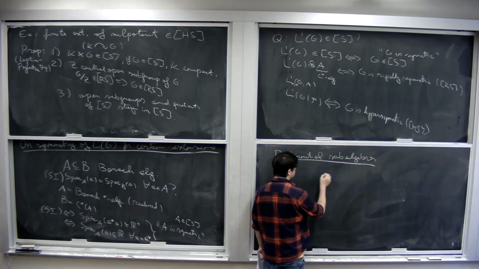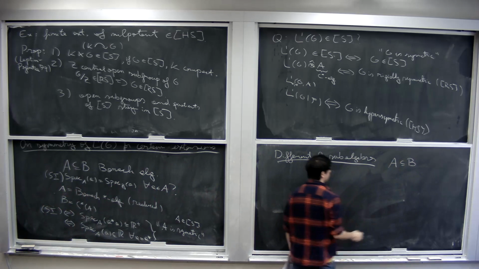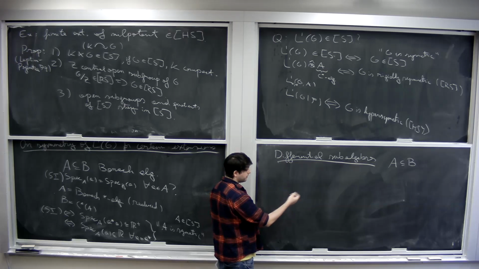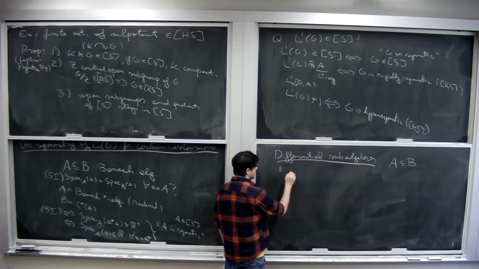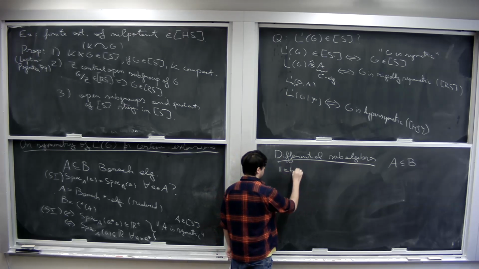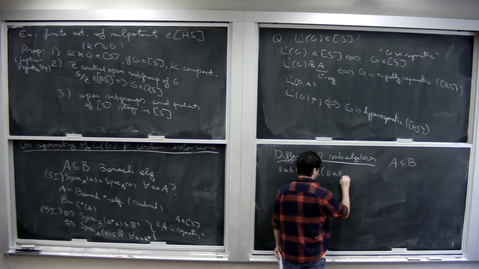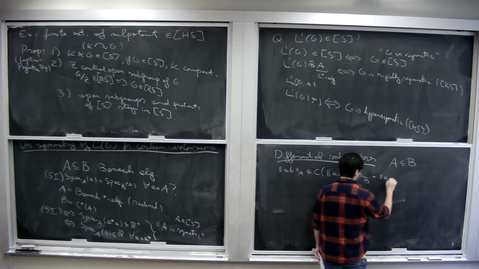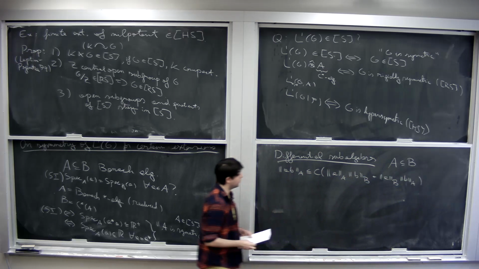Back to the beginning, suppose that you have a continuous inclusion of Banach algebras. We're going to say that A is differential in B, or the inclusion is differential, if we have the following estimate on the norms.